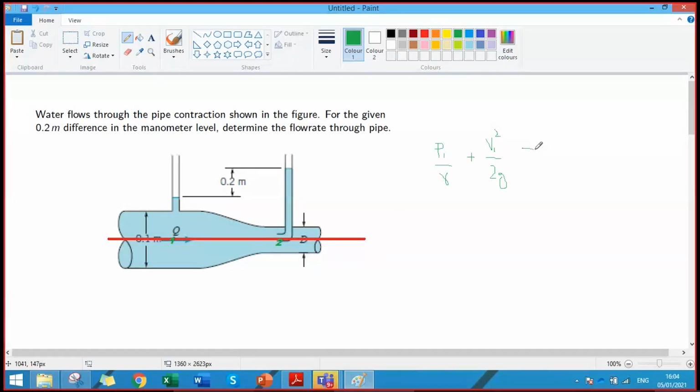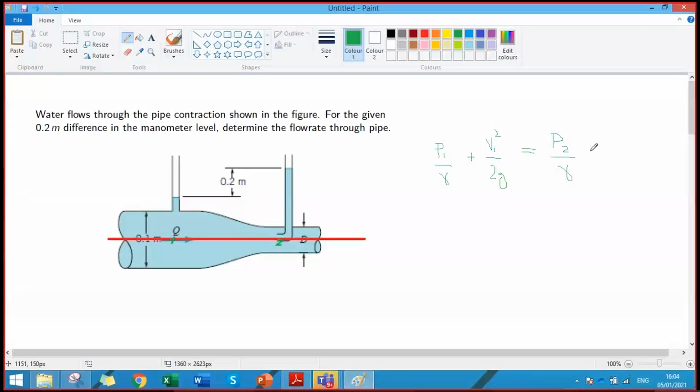Same at point 2, we'll have P2 by gamma. We'll write P2, because we don't know what V2 is. What is V2? V2 will become 0 because it's a stagnation point, so there will be no velocity. The flow will stop at this point, so V2 is 0, and there is no elevation head as well.